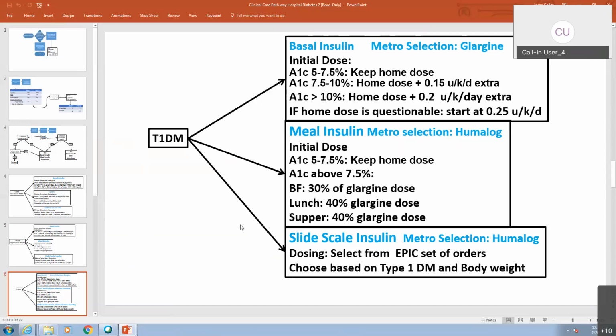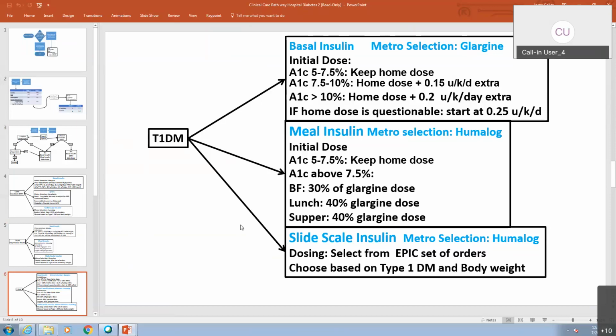And for meals, again, we keep the same home dose on those guys that are good, and then we divide the dosage of the Lantus for the breakfast, the lunch, and the supper, but we divide it a little bit different. It's not only 1/3, 1/3, 1/3, but 30, 40, and 40%, okay? Are you with me? So it's pretty much the same.